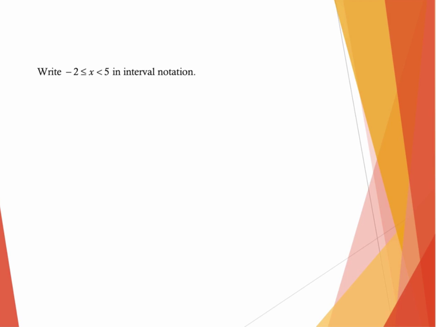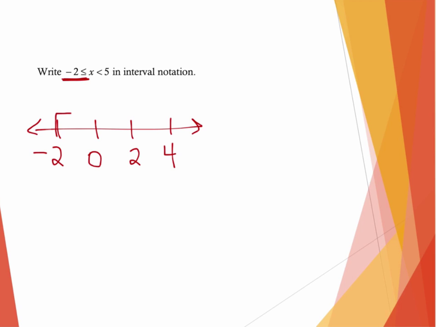Now let's look at a compound inequality. So we're looking at the values of x that are between negative 2 and positive 5. So x here is greater than or equal to negative 2.